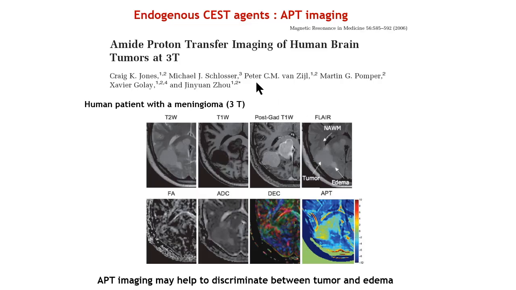As far as the endogenous CEST molecules are concerned, for instance, there are many groups working in the field of amide proton transfer, because these amide protons in proteins present inside the cells or in the extracellular matrix are endowed with sufficient rotational mobility, with a kind of resonance that can be easily irradiated.